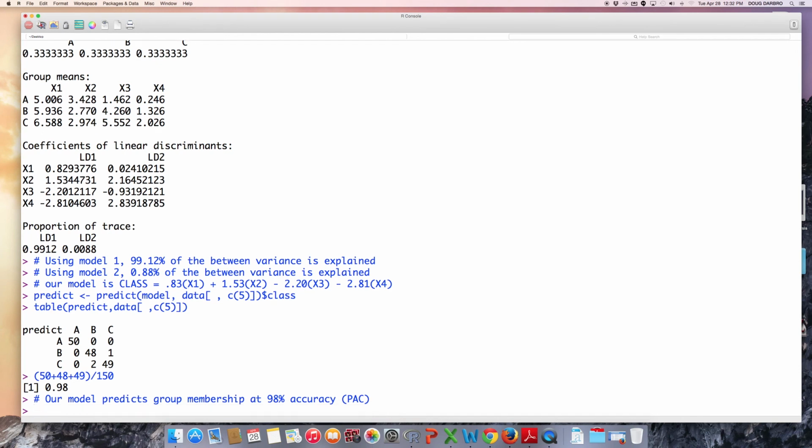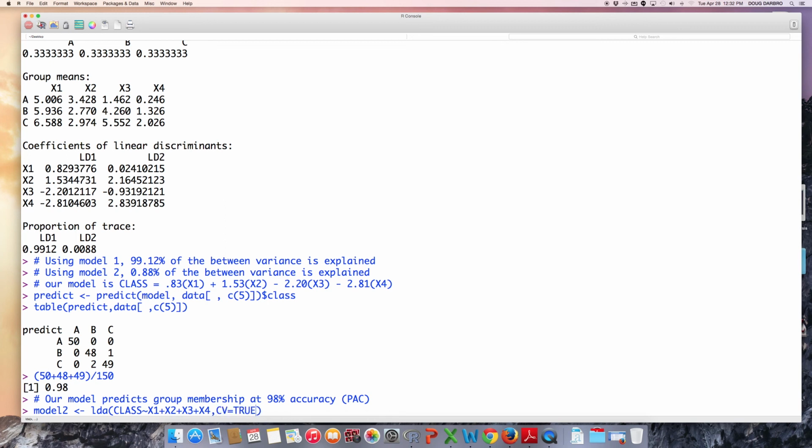But there's an inherent flaw, as we talked about in the previous video, because these predictions are made on cases that created the model. So it's almost, again, like a cyclic logic. So to correct that, what I want to do is I want to go back up, and I want to do this again, but I want to call this model 2. But in this situation, I want to use CV equal true.